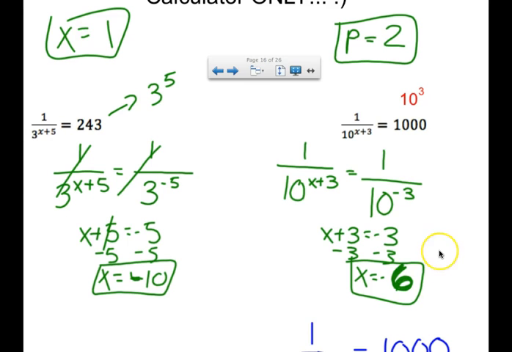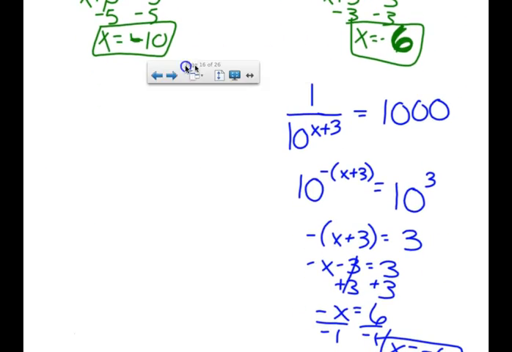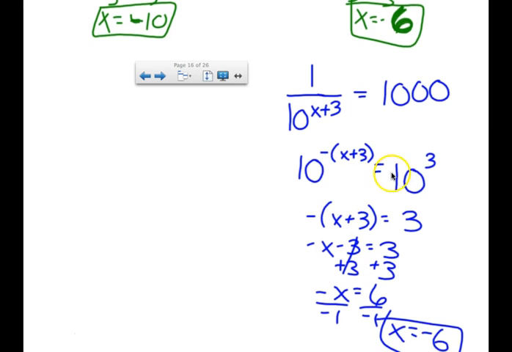That's one way. The other way, you could have brought this 10 to the x plus 3 up to the numerator and changed the exponents this way and say, hey, there's a negative out front, I need to change all my exponents. And I knew this 1,000 was 10 base 3, or base 10 raised to the 3.